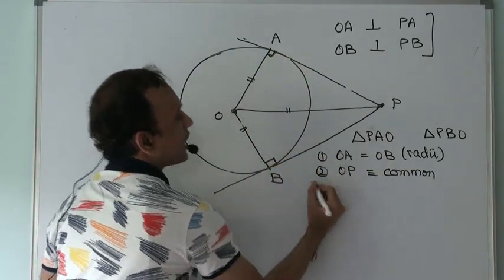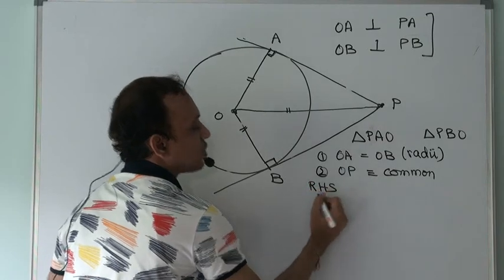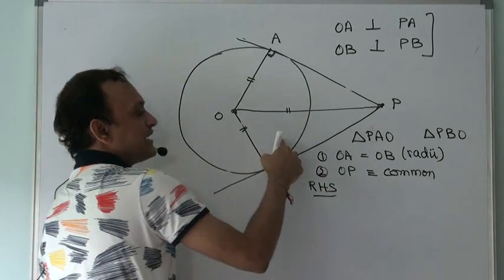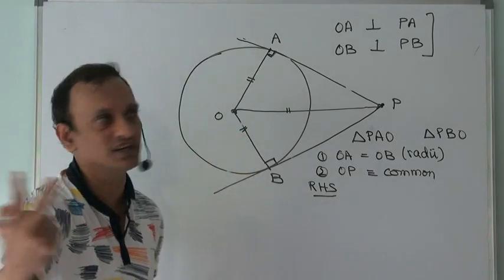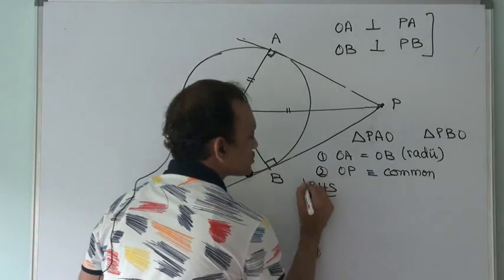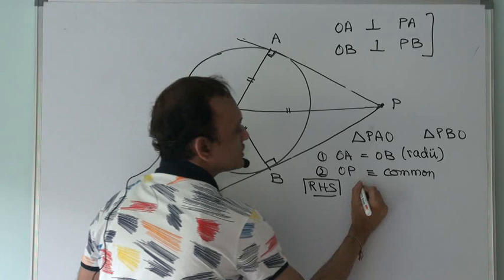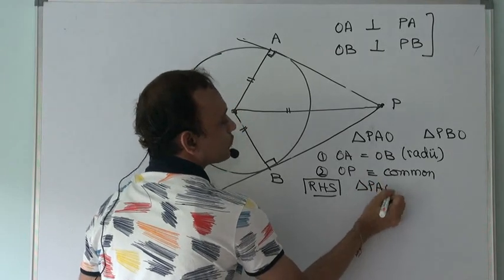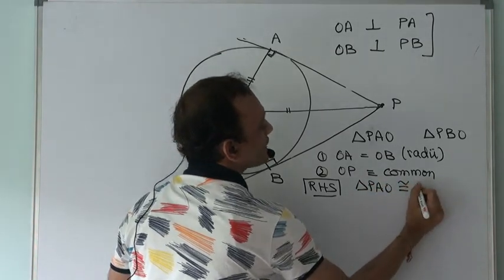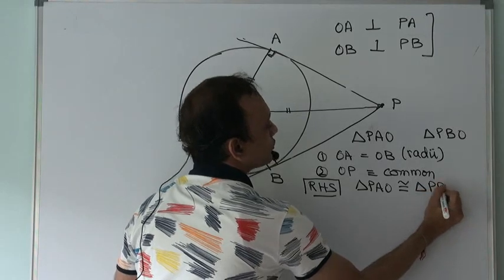And therefore, out of the RHS condition for congruency, right? These are two right angle triangles with two sides being equal. And therefore, out of the RHS condition for congruency, triangle PAO must be identical in all respects to triangle PBO.